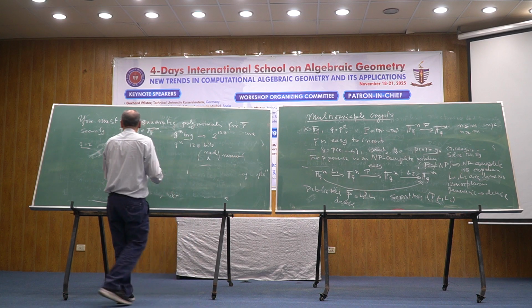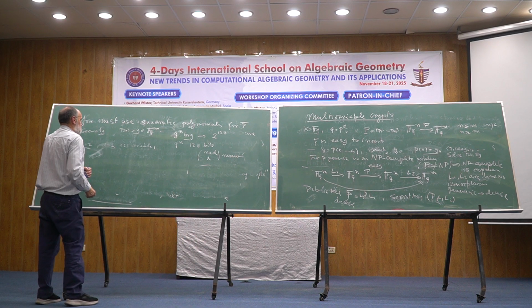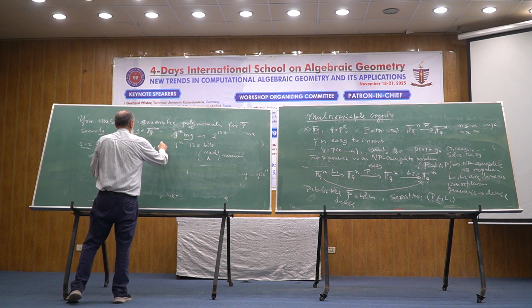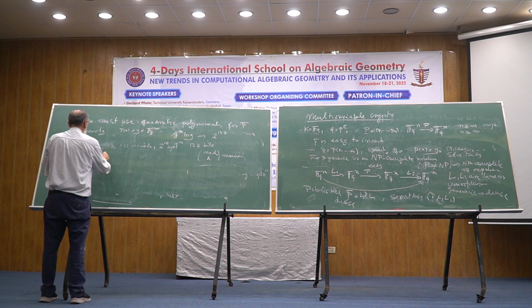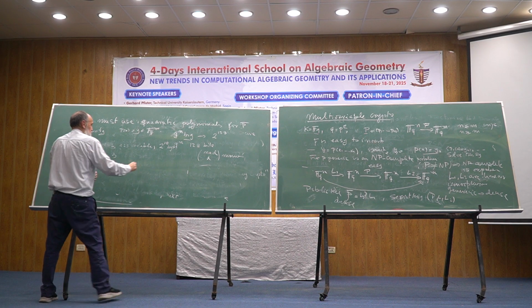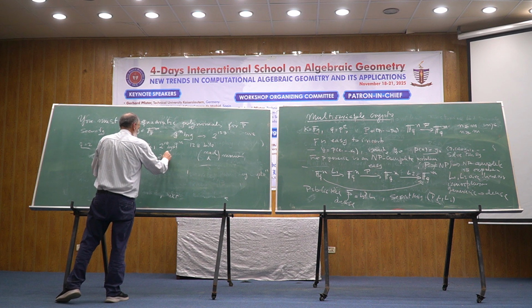And for instance, this will give something like 2 to the 10 bytes. If you take d equals 3, then you get 2 to the 15, something like that.